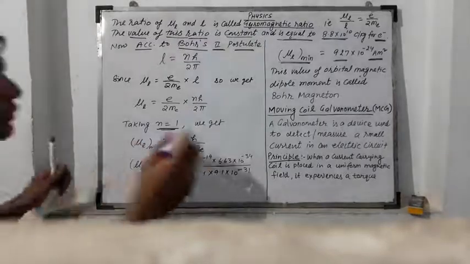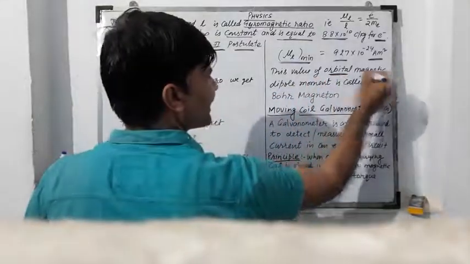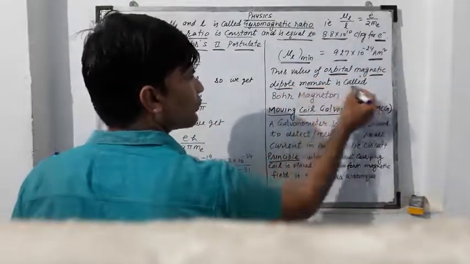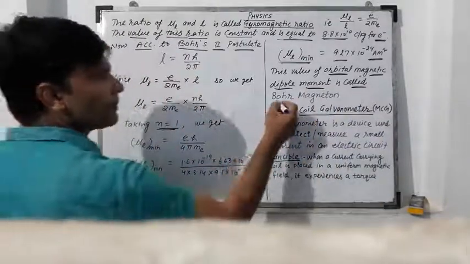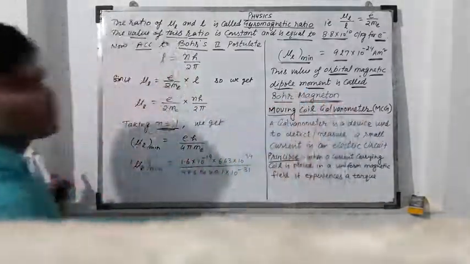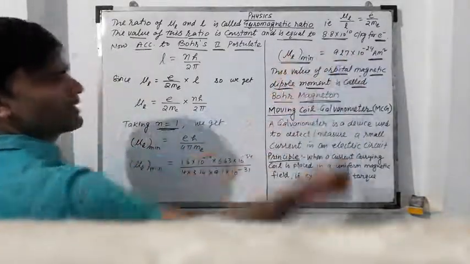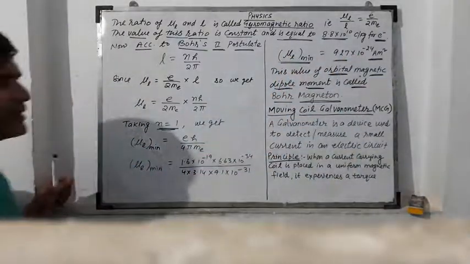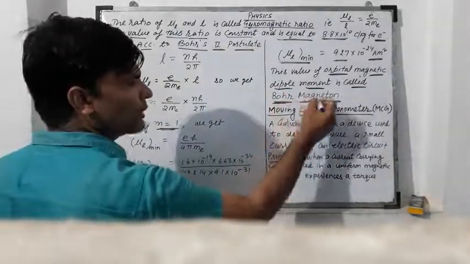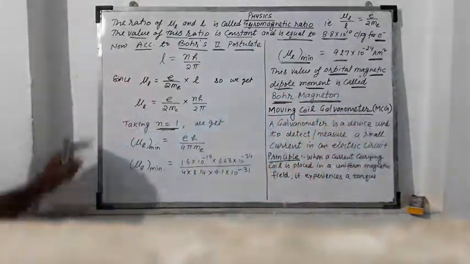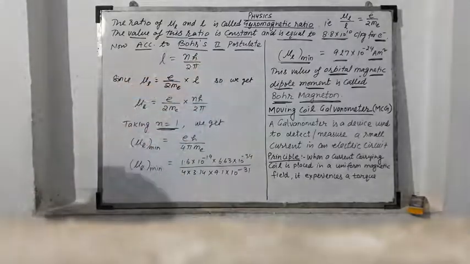This value of orbital magnetic dipole moment is called the Bohr magneton. It is known as the Bohr magneton because we use the Bohr postulate.